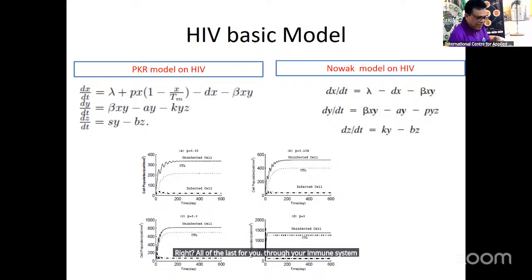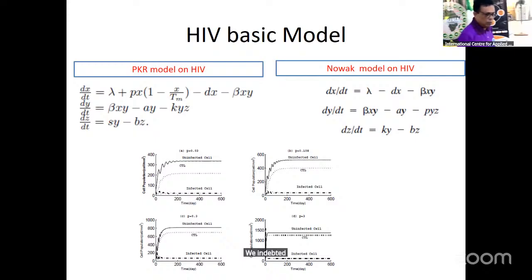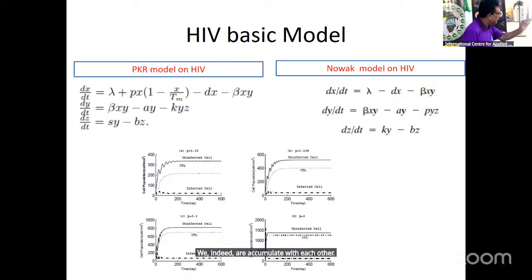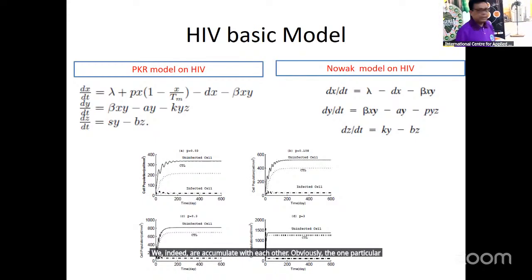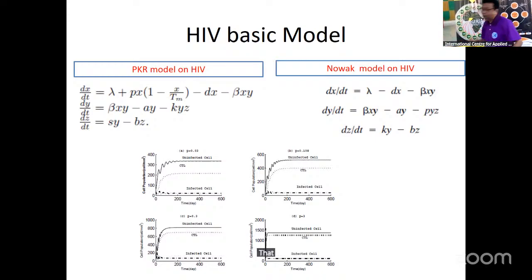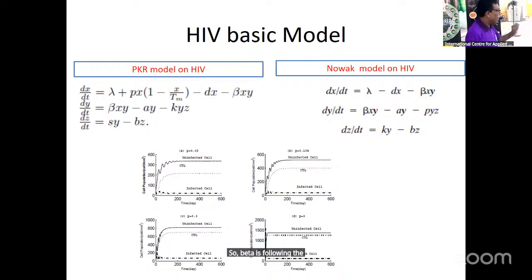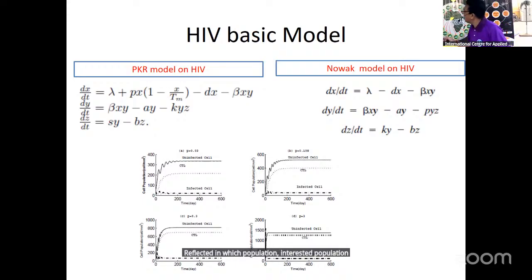So infected cells interact or accumulate with each other at a particular rate, which we have considered here as beta. So following the law of mass action, the term will be minus beta X Y. That beta X Y is reflected in the infected population.